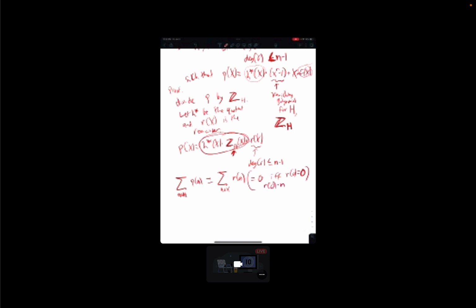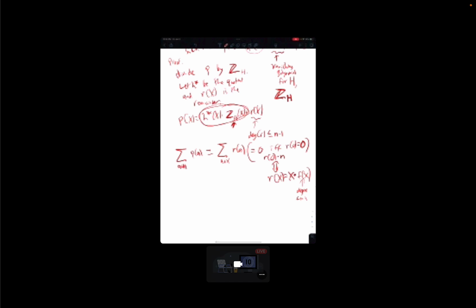And then R of 0 being 0 is equivalent to R being writable as X times some F of X of degree at most N minus 1, because N minus 1 is the degree of R, and we're getting degree 1 from this X term.